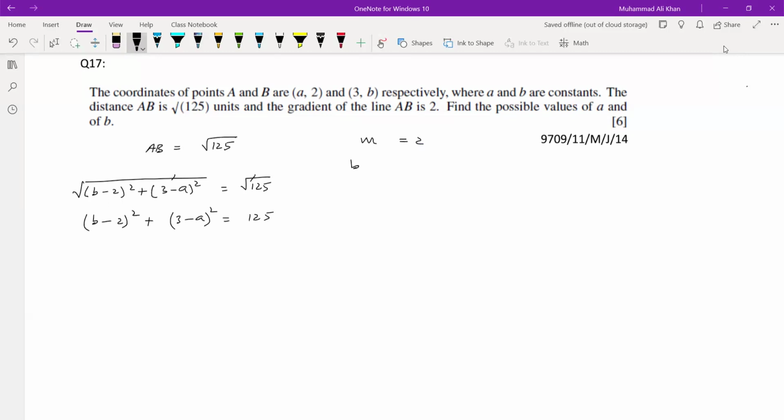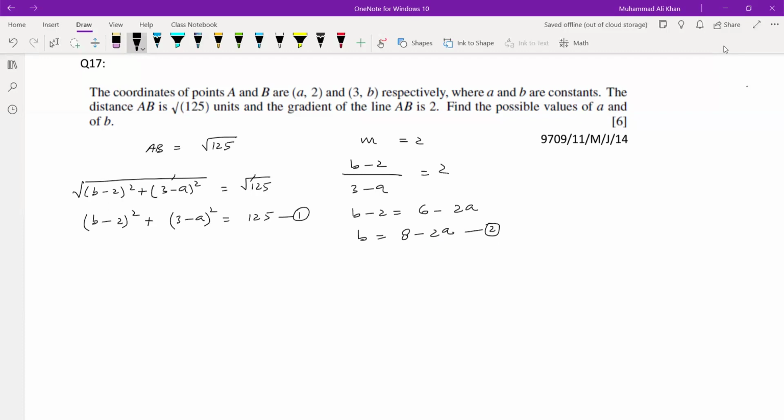So the gradient is (b minus 2) over (3 minus a) equals 2. So b minus 2 equals 6 minus 2a, and the value of b is 8 minus 2a. Right? I am replacing in equation 1 the value of b.